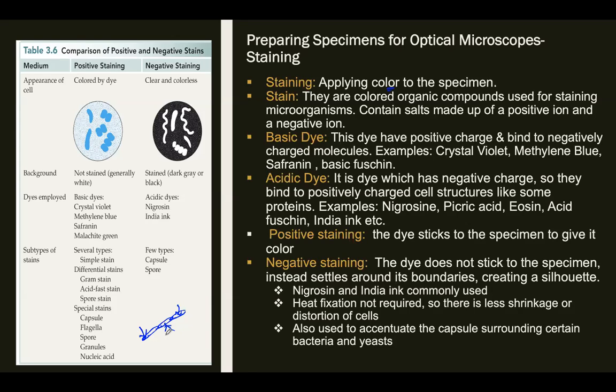Different chromatophores absorb different frequencies of light, and they reflect that light differently. So the reflection from this area and the reflection from this area would be completely different, and you can see the specimen clearly. That's the purpose of giving the color.